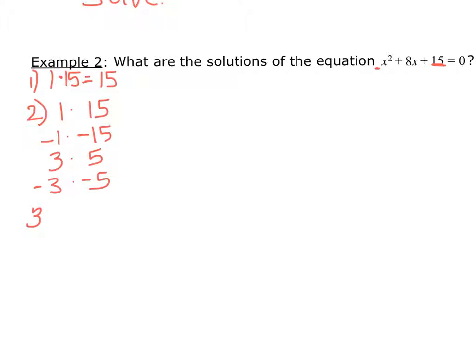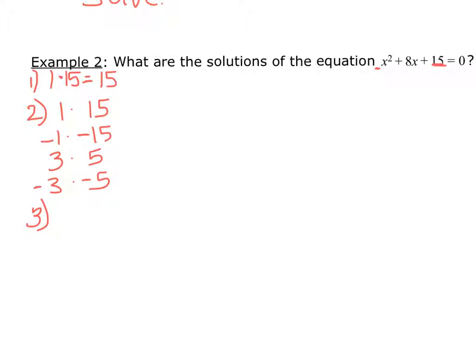Do we have to do the negatives? Well, do we? Because if you see that this is a positive, then we really don't need the negatives, do we? So if you can see some of the shortcuts, use them. Go for it. But if you write out all of just the positive factors and you can't find your b value, you want to do the rest of them just to make sure.